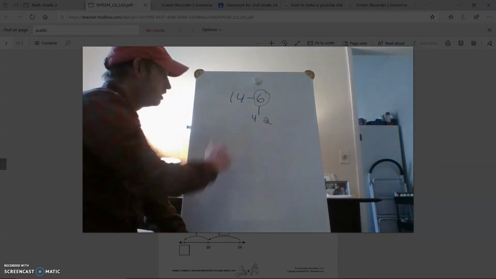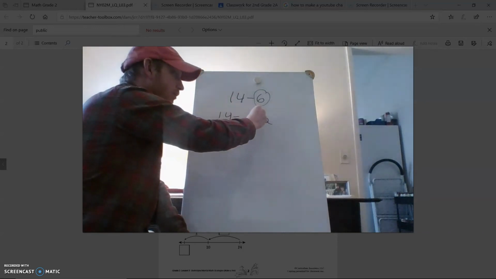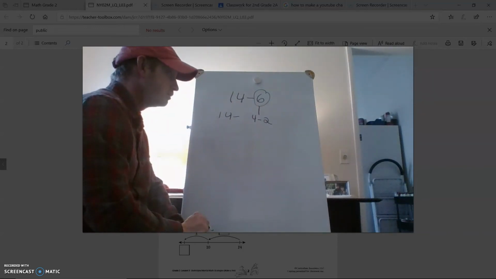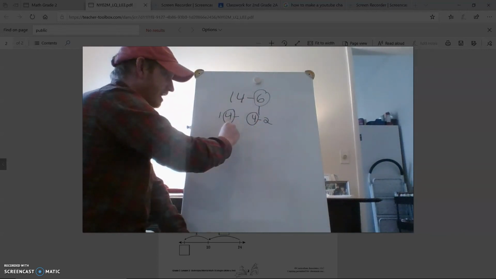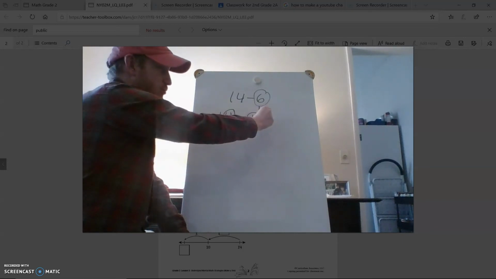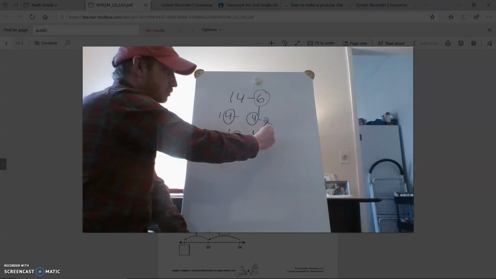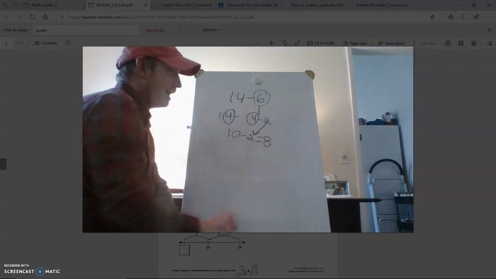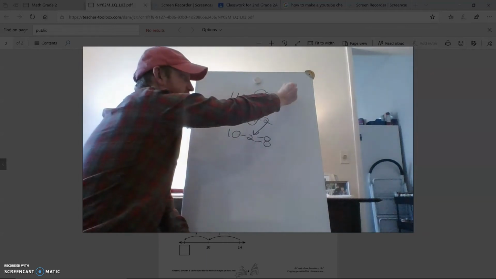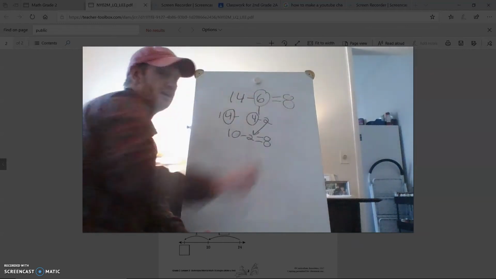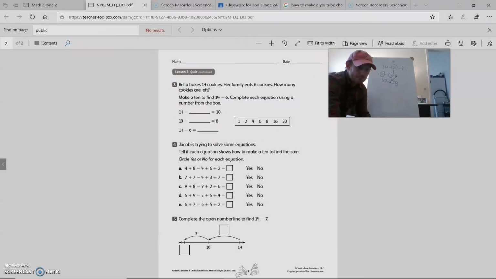So it's the same as 14 minus 4 minus 2. 14 minus 4 is 10. We have to move our 2. So minus 2 is equal to 8. And therefore, 14 minus 6 is 8.